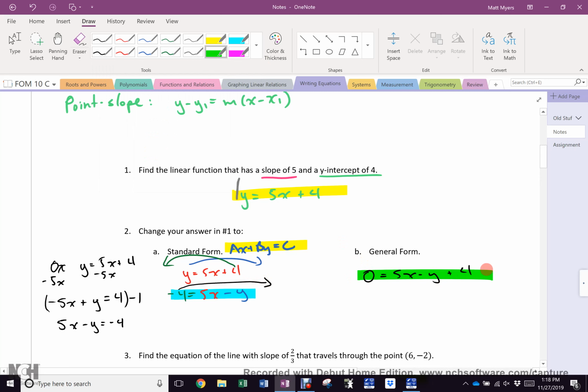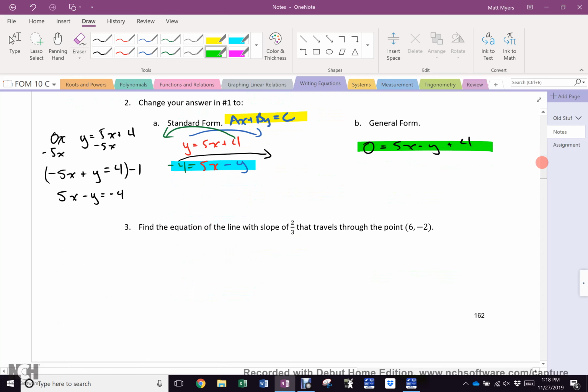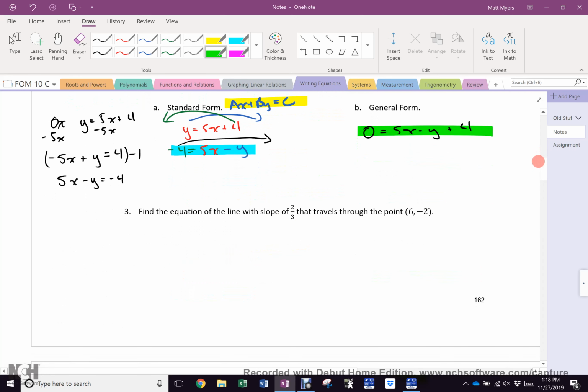All of you should be able to do that literally that fast. You should be able to look at it and go, zip, zip, zip, done. Because all you're doing is moving stuff over the equal sign, right? When it moves over the equal sign, what happens? It changes signs.